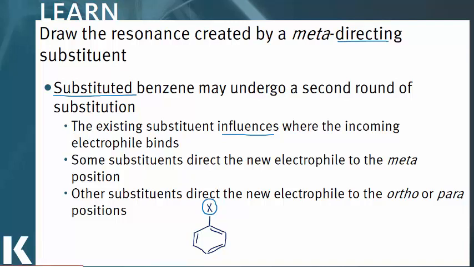Some substituents will direct that electrophile to the meta position, and that's what we term a meta-directing substituent, while other substituents will direct our new electrophile to the ortho and para positions, and those are what we term ortho and para directors, which we'll cover in later videos.